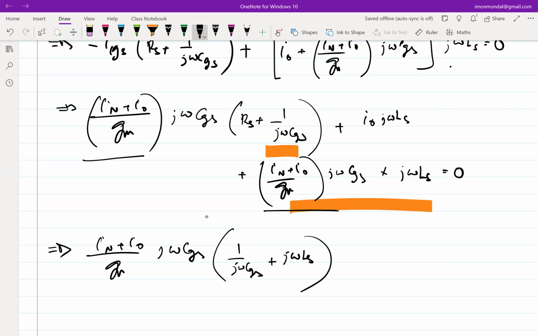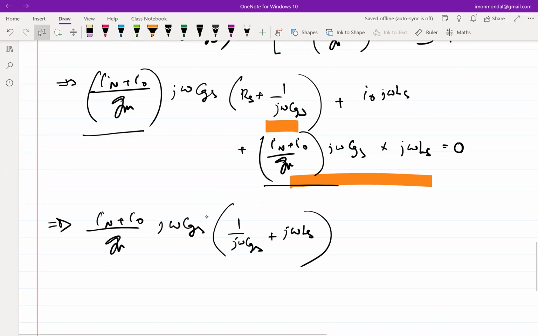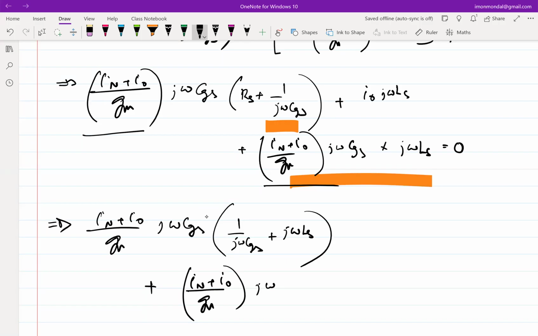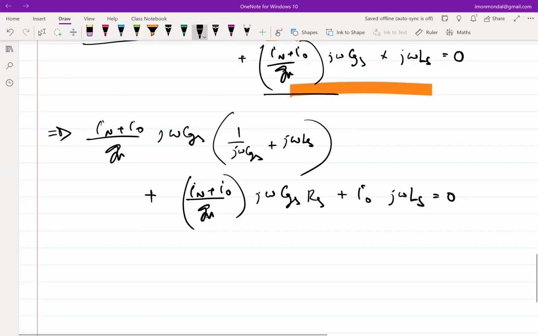This is one, and I'll club the rest of them together, plus I get j omega CGS. So this entire term I naught IN plus I naught over GM times j omega CGS times RS. This is one term plus I naught j omega LS is equal to 0. Correct?